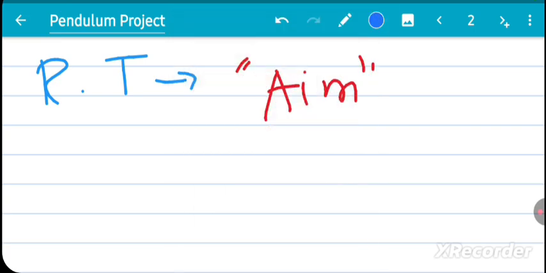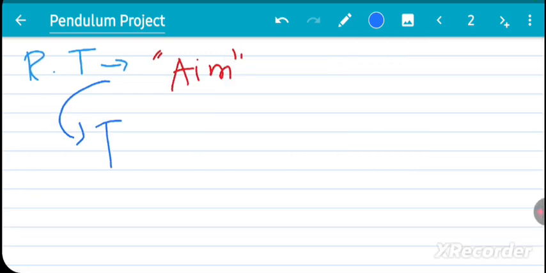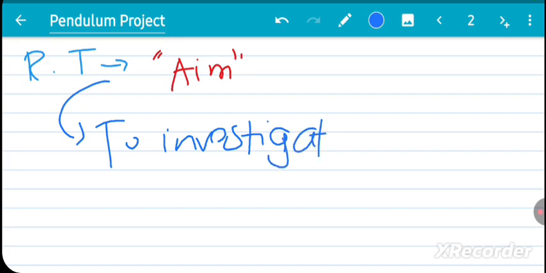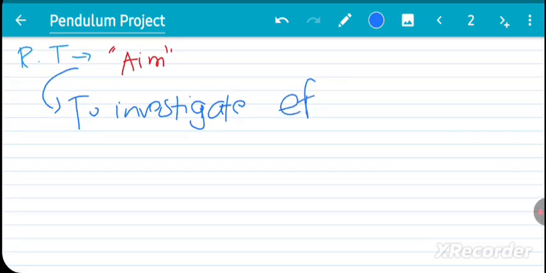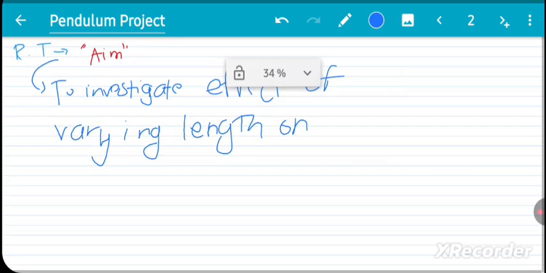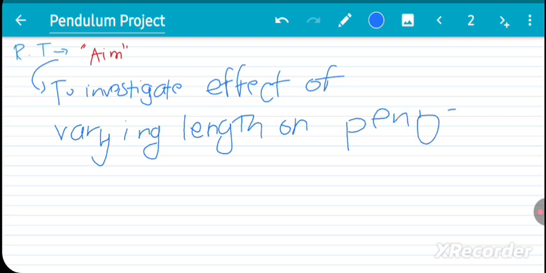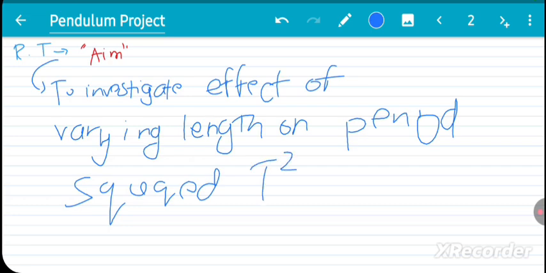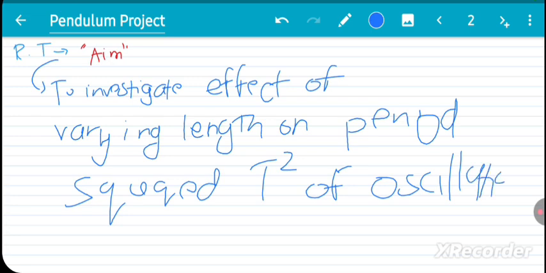And so our language here is going to be to investigate. We want to investigate something. So to investigate what exactly? The effect of varying length on period squared, denoted as T squared, of oscillation of simple pendulum.